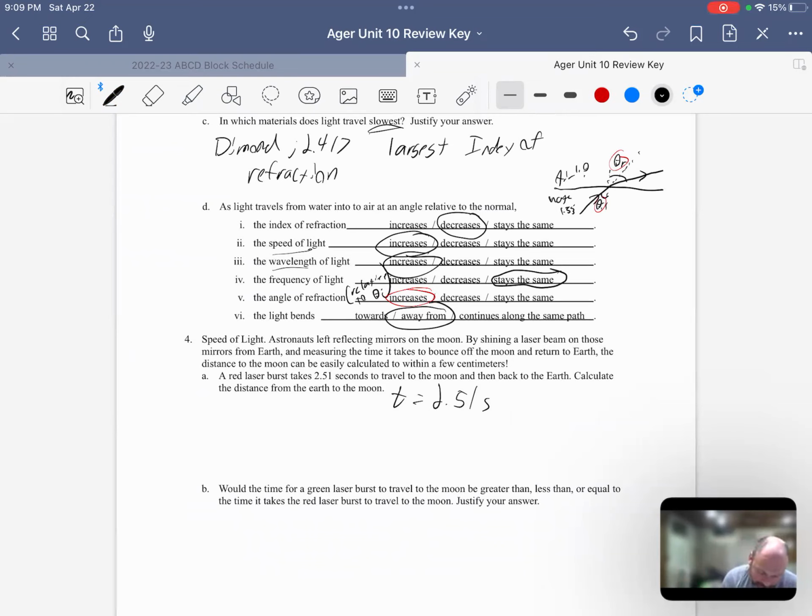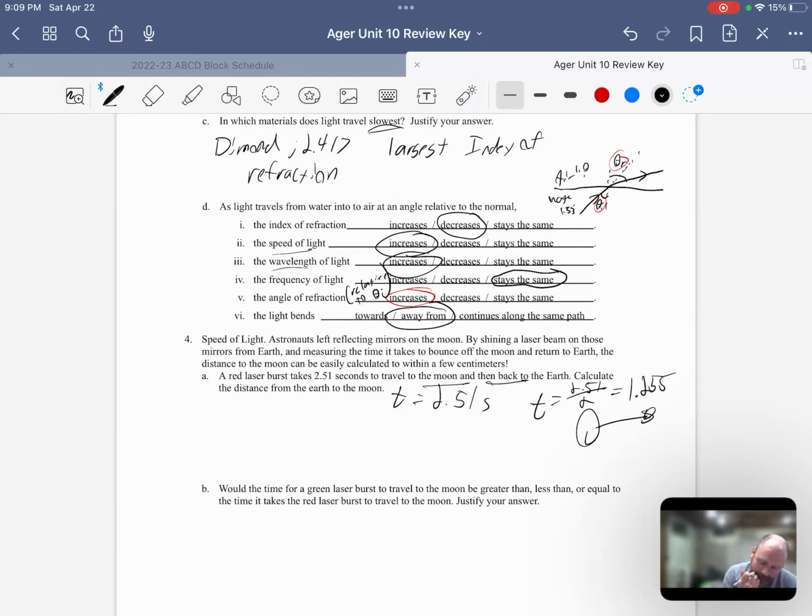Again, red laser burst takes 2.51 seconds to the moon and back. So the time to go just from Earth to the moon, just the one way, would be 2.51 divided by 2. And so that's going to give us a time of, what is that?